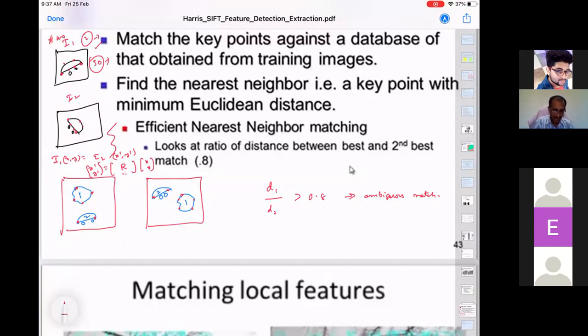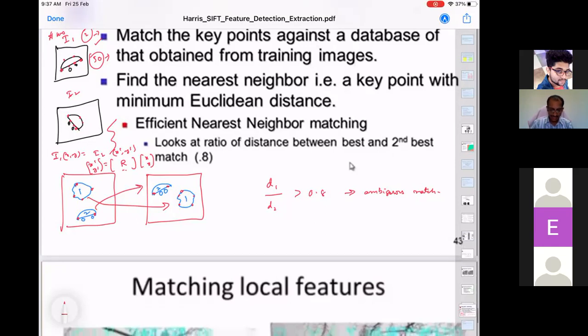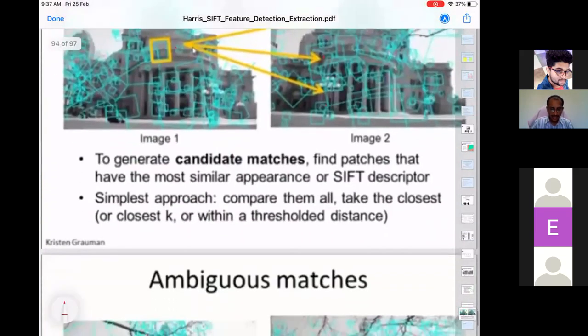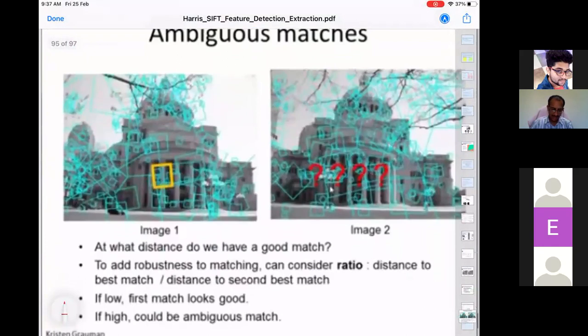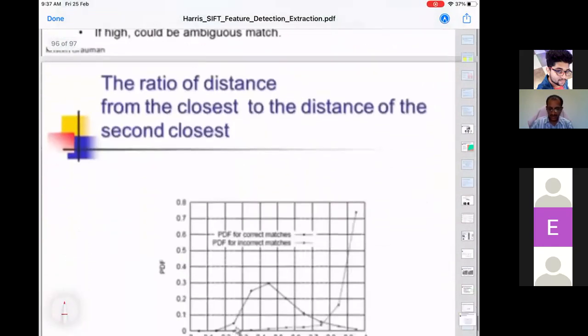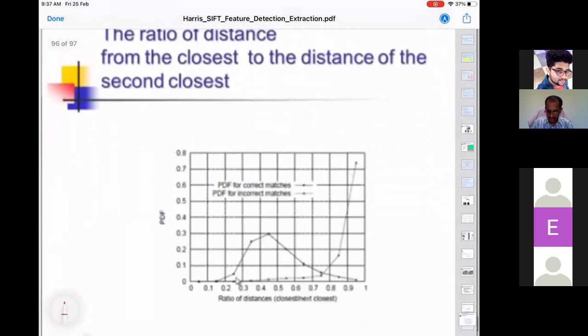In the same manner, to match objects across images, it is good enough to get a reasonable number of key points with highly accurate correspondence, rather than having more and more key points or corresponding points. For that reason, removing these ambiguous matches also gives us a very good improvement in matching, as they have shown here.